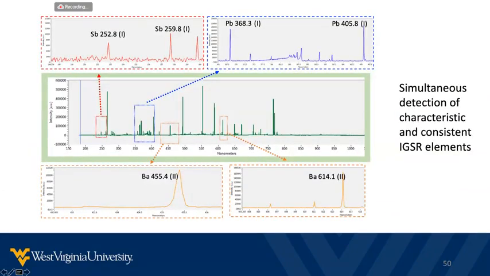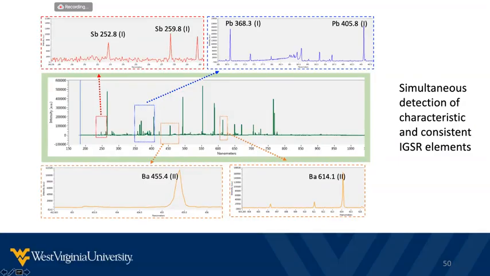The result of this ablation is a rich spectrum like the one that you can see here, in which we can simultaneously detect for a sample several emission lines per element, therefore providing better confidence in the results.